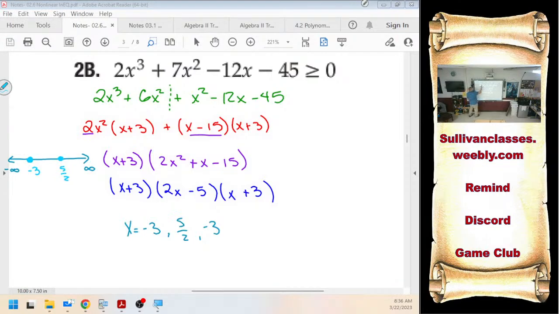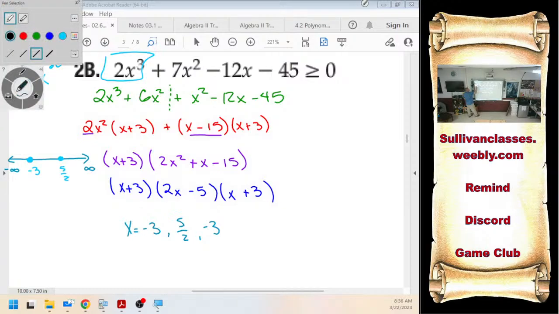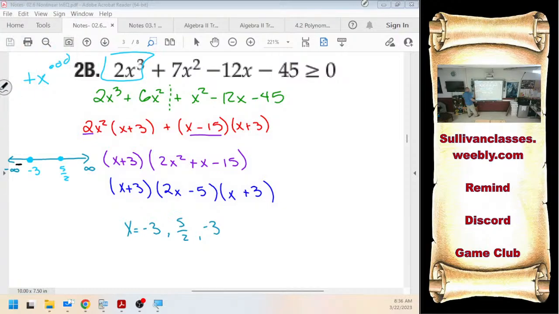I also know, because it's a positive x to the odd, it's going to start down here at negative infinity. Now I know it's going to bounce off of this and continue back into negative town. Then it'll go through this like a line up to positive infinity, because the general behavior of the graph is like this. I don't need to know anything else besides that other than where it's positive and negative. And then I answer the question, where is that greater than or equal to 0?